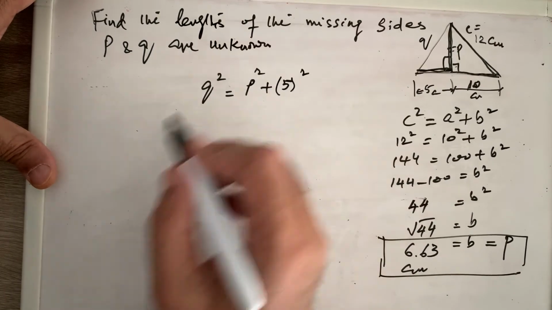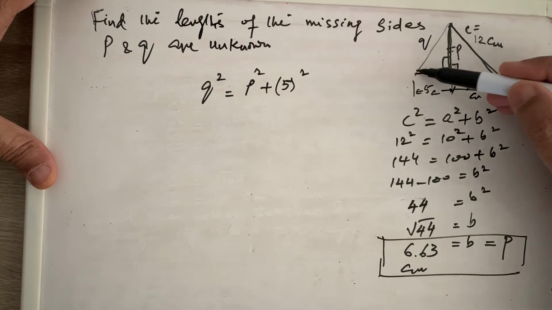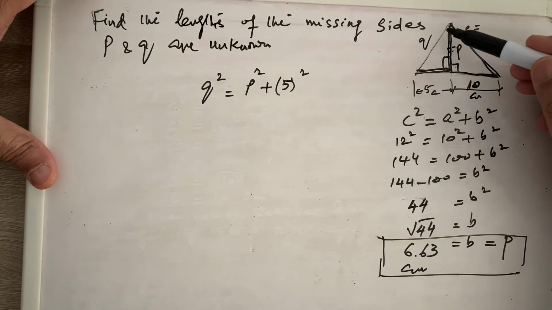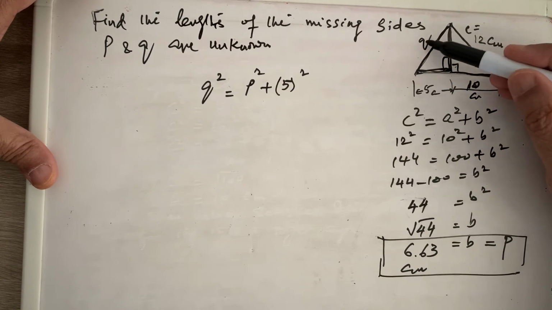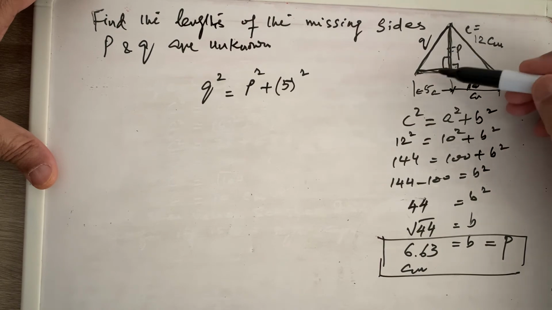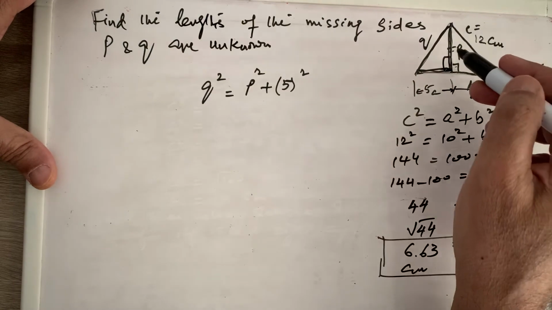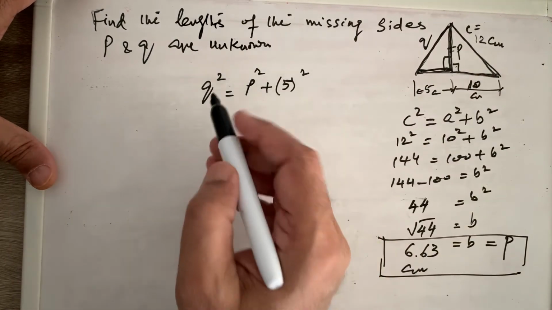One leg is P and the other leg is 5. The definition of the Pythagorean theorem is that the square of the longer side, which is Q square, is equal to the sum of the squares of the two legs, so P square plus 5 square.